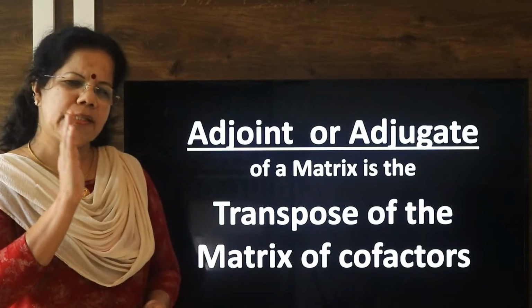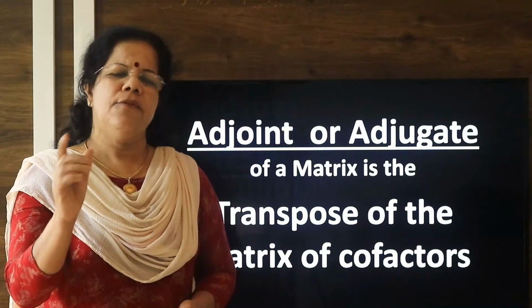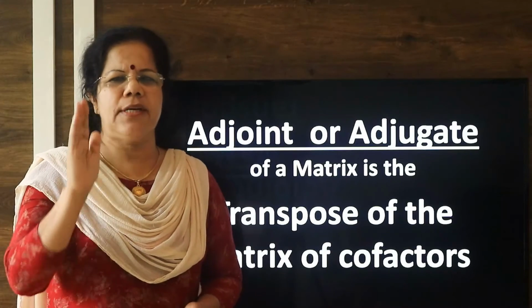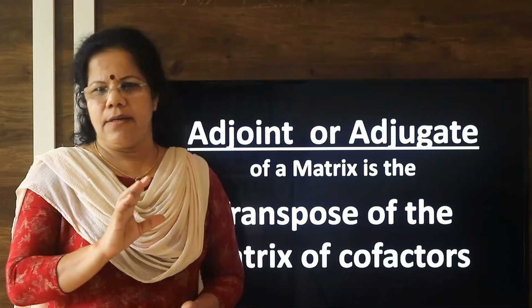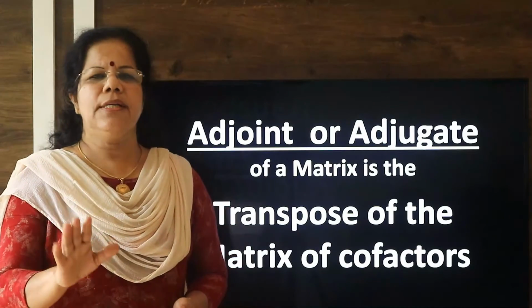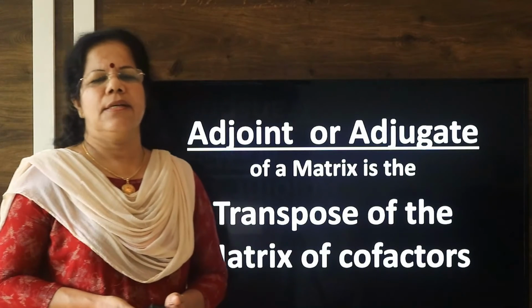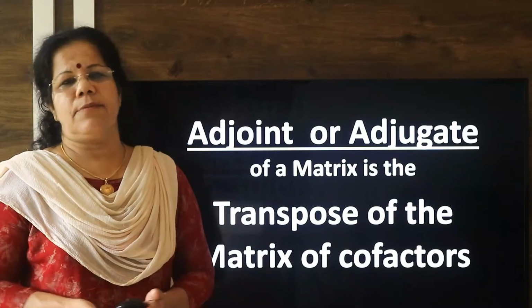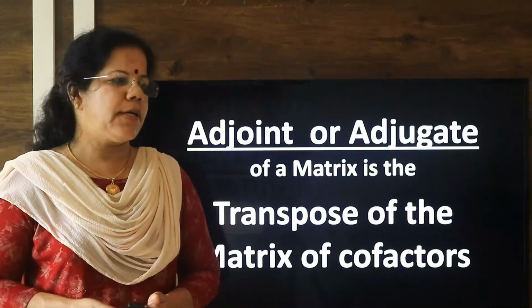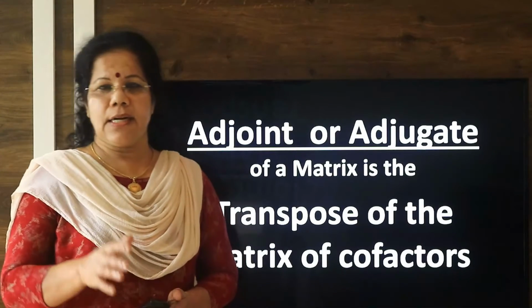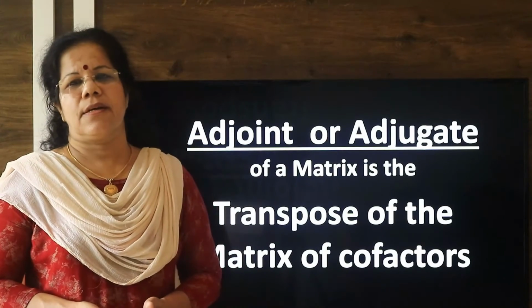So once you get all the cofactors for a 3 by 3 determinant, A11, A12, A13, capital letters only, all these together, if you frame a matrix, then take the transpose of that matrix. If C is the matrix of cofactors, C transpose is adjoint A.